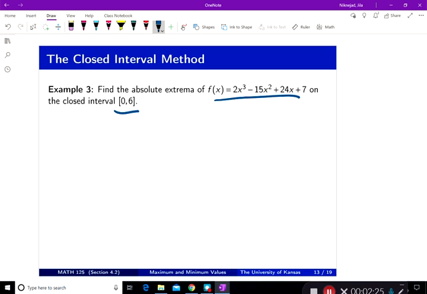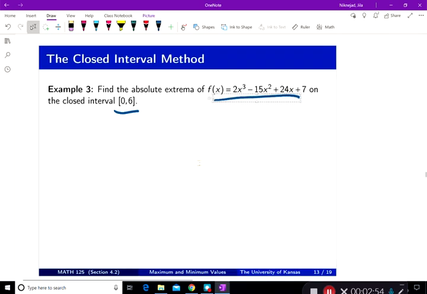Find the critical numbers, because the absolute min or absolute max could be a local min or max, or they could be endpoint values. And so first you have to find the critical numbers. Critical numbers can be found by taking the derivative and setting it equal to 0, or finding where the derivative does not exist, both of those.